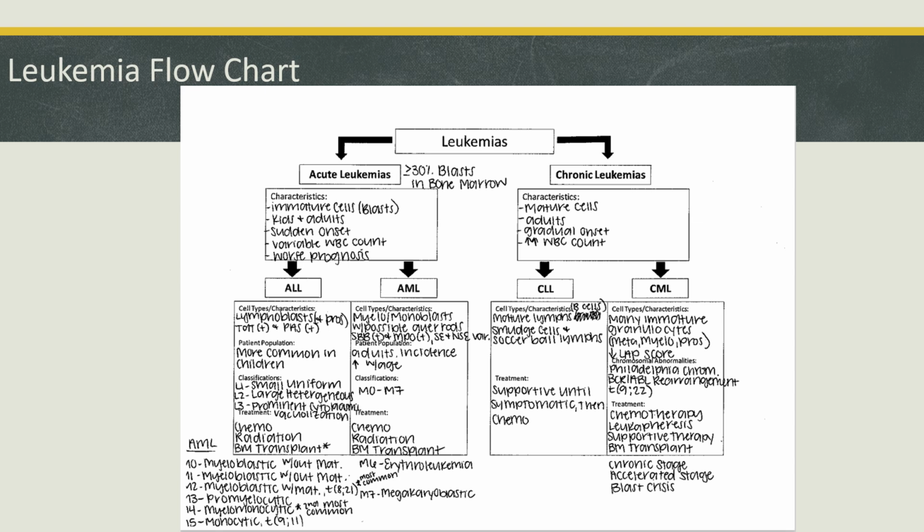We are going to look for some chromosomal abnormalities. And in the case of CML, there will be a Philadelphia chromosome, BCR-ABL gene rearrangement, and translocation at 9;22.